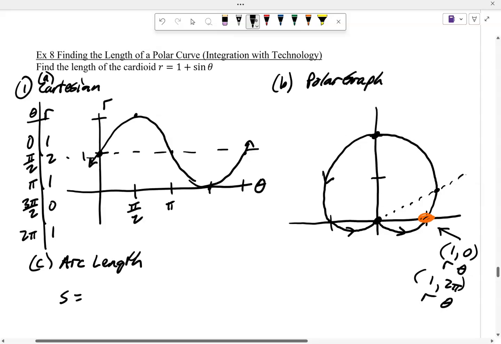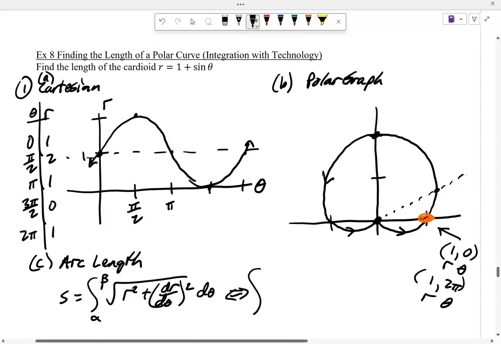So we're going from alpha to beta, square root of r squared plus dr d theta squared, d theta. So we're going from 0 to 2 pi, 1 plus sine of theta, that's our r. Dr d theta, right? If I have r, dr d theta would be 0 plus the derivative of sine, cosine.